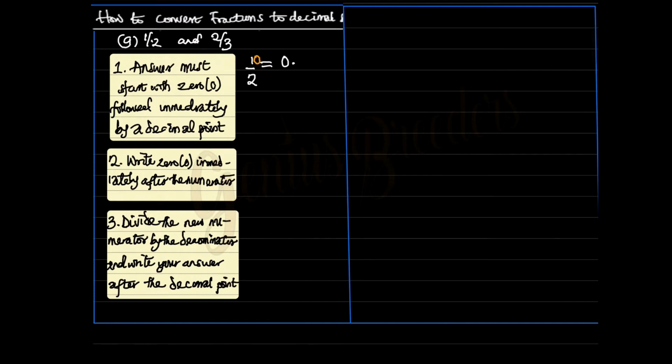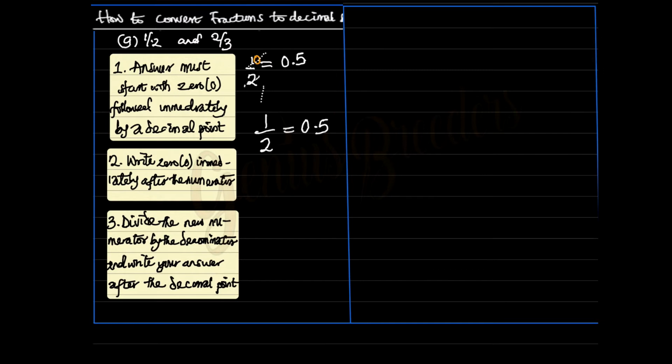So what we mean is that you have the new numerator 10 divided by 2. So 2 here 1, 2 here 5. So you write your answer immediately after the decimal point. So we have 1 over 2 equals 0.5.